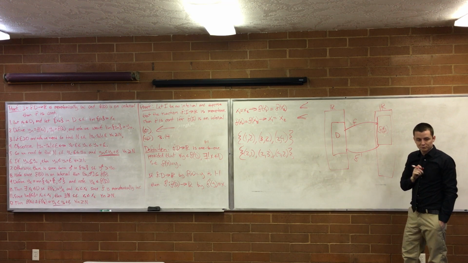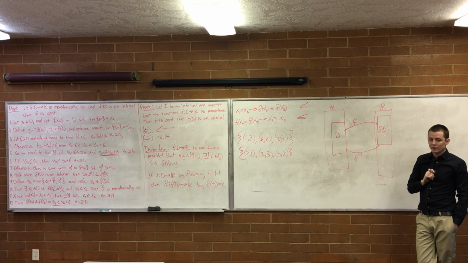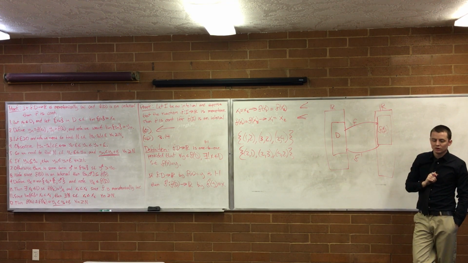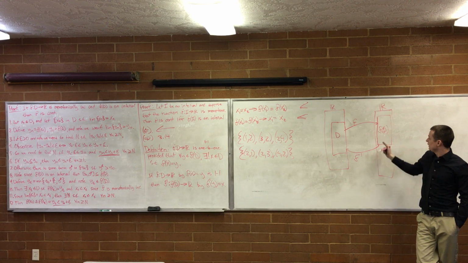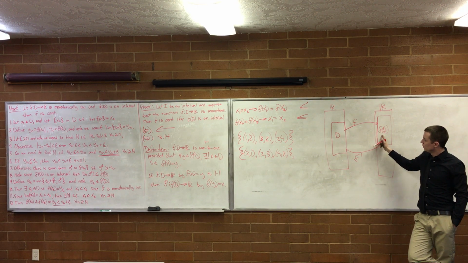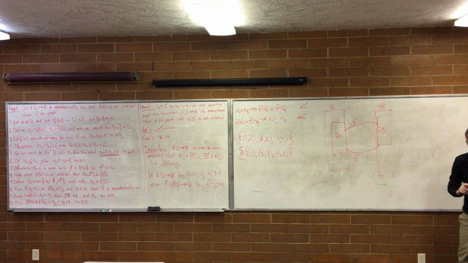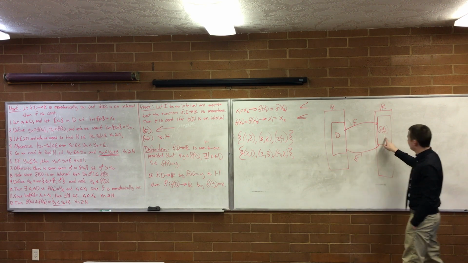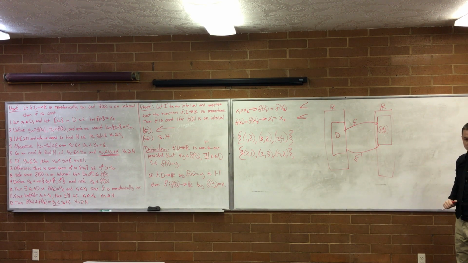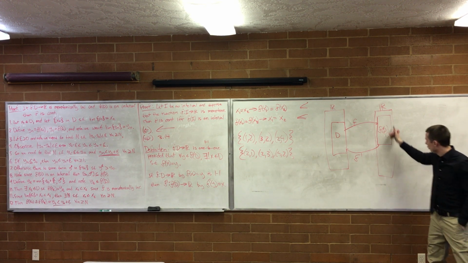But how can F of D be greater than or less than R if it's mapping? F of D is a set. Right, but still the inverse of it now maps into R. Okay, we map D to some subset of R called F of D. This is the whole image.